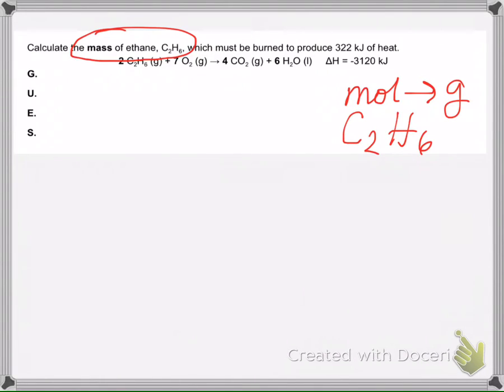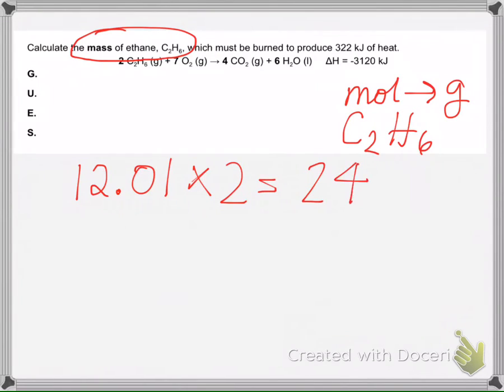So you're going to take the molar mass of carbon, which is 12.01. There's 2 carbons, so that's 24.02 grams per mole. Hydrogen is 1.008.